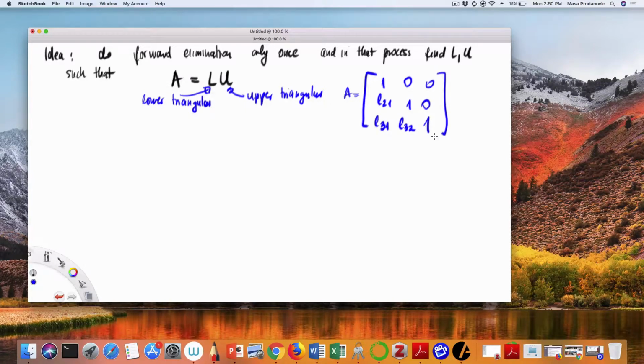So this would be my matrix L. And the upper triangular one is U11, U12, U13, 0, U22, U23, 0, 0, U33. The key is that this U is actually what we get as an outcome of my forward elimination already. I just have to record my coefficients in L, and I'll be done.